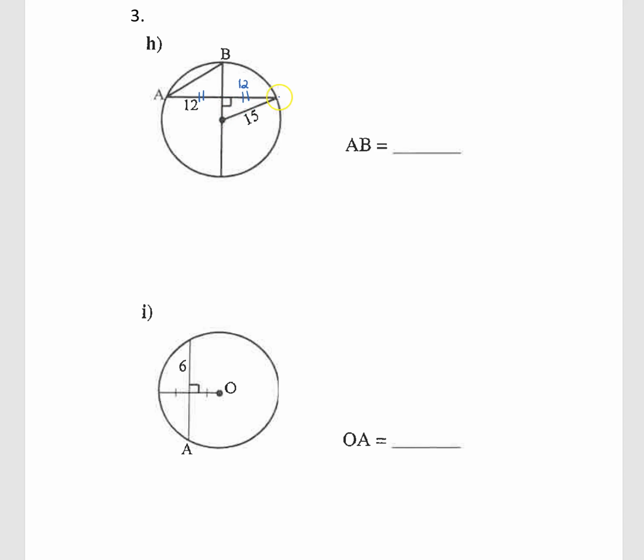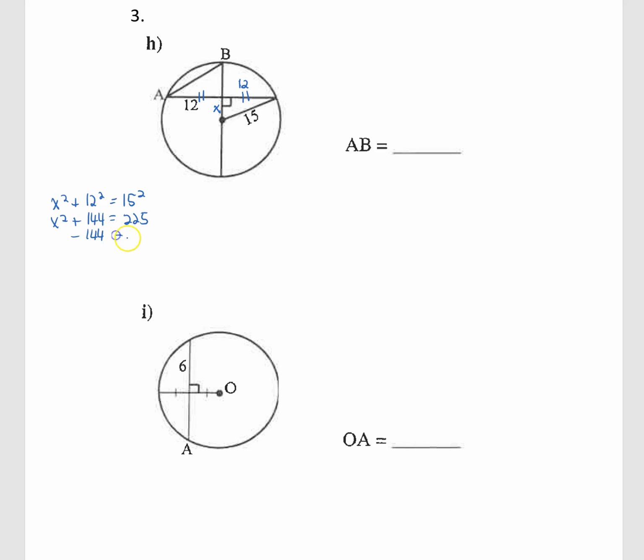Now we have a right angle triangle with one side 12, one side 15. We can find this other side just using the Pythagorean theorem. I'm going to call this short side x. So x squared plus 12 squared equals 15 squared. 12 squared is 144, 15 squared is 225.